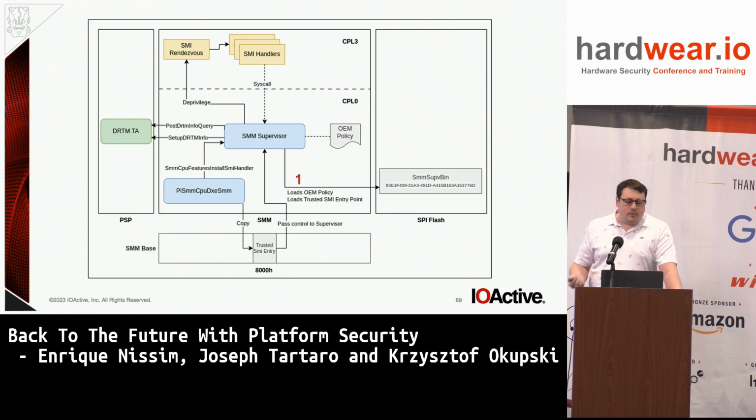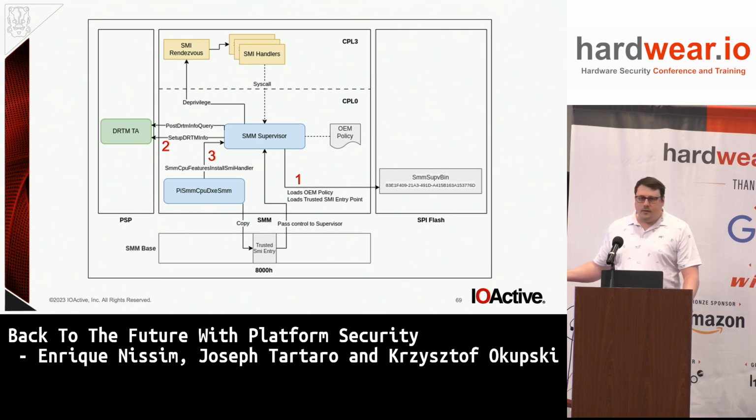It's going to grab the new trusted SMM entry code. It's then going to issue a request to the DRTM trusted application running on the PSP. That's it basically handing off what it got from Flash so that the PSP can hold on to it for the future.